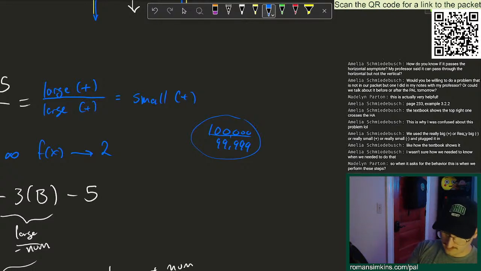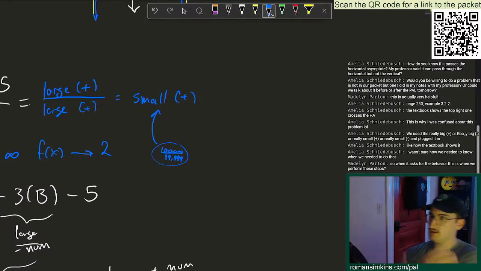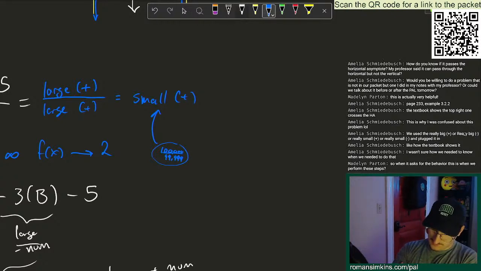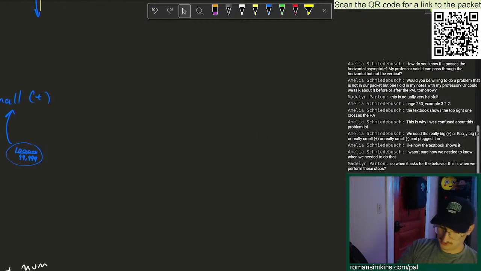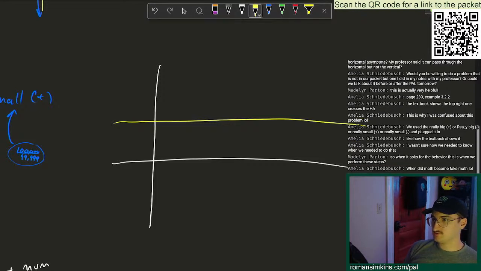Okay. Hopefully I am somewhat justified in saying that. I know that might not be the most satisfying conclusion in the world. But where are we going with this? So we know that as we go to infinity, and I'm going to keep scrolling and draw you a picture, we know that on our function, we have some huge asymptote.